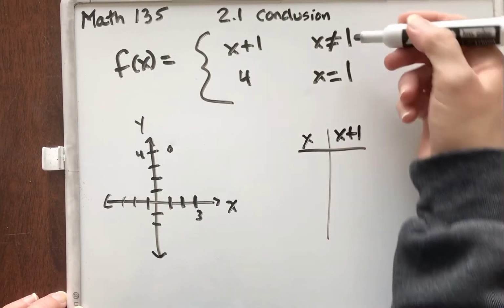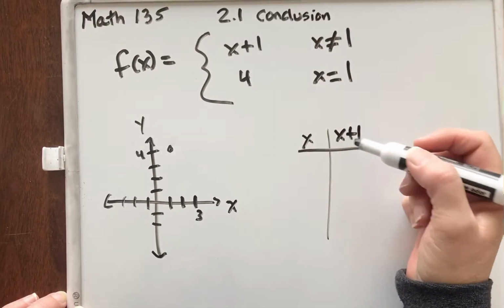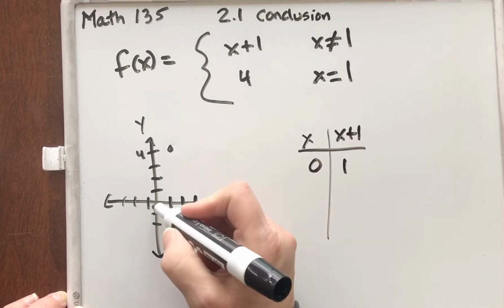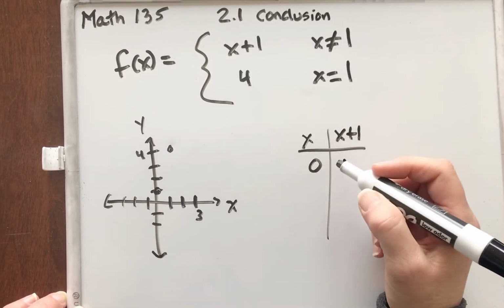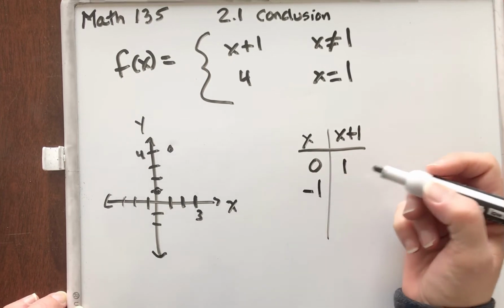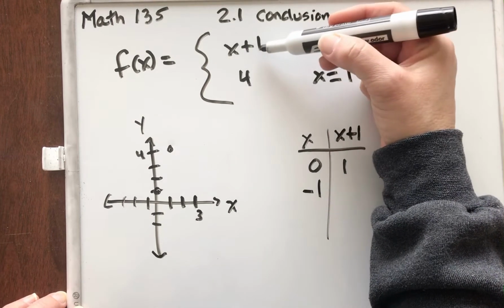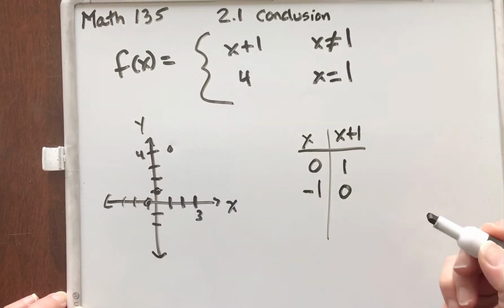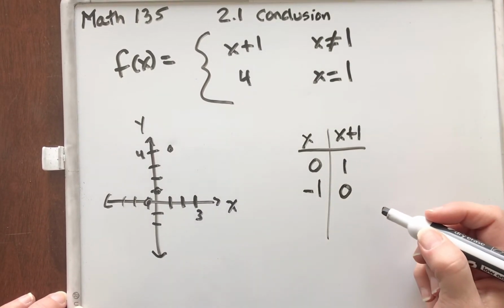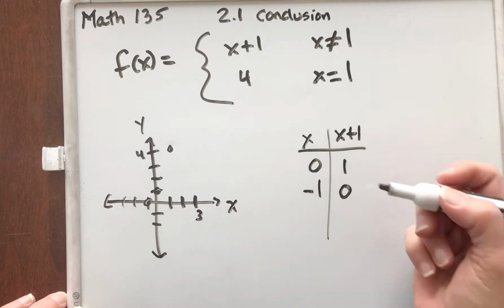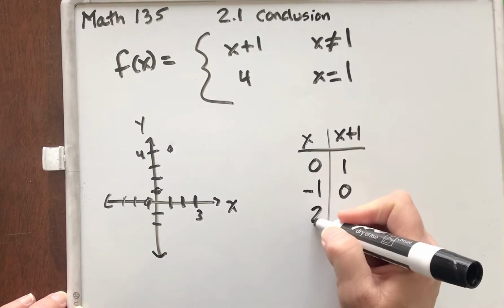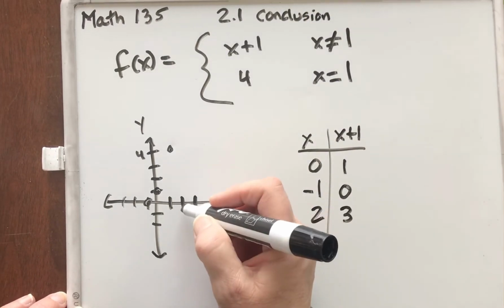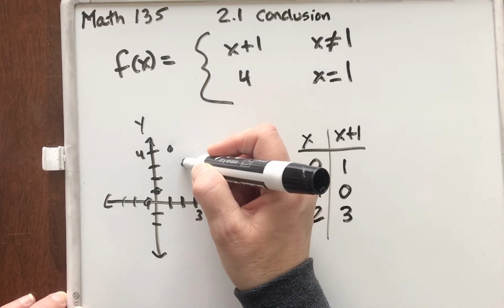For x not equal to 1, we're going to use x plus 1. 0 is not equal to 1, so we have 0, 1. Negative 1 is not equal to 1. If we put a negative 1 in there, we get 0. Negative 1, 0. How about 2? 2 is not equal to 1. If we put a 2 in there, we get a 3. 2, 3.